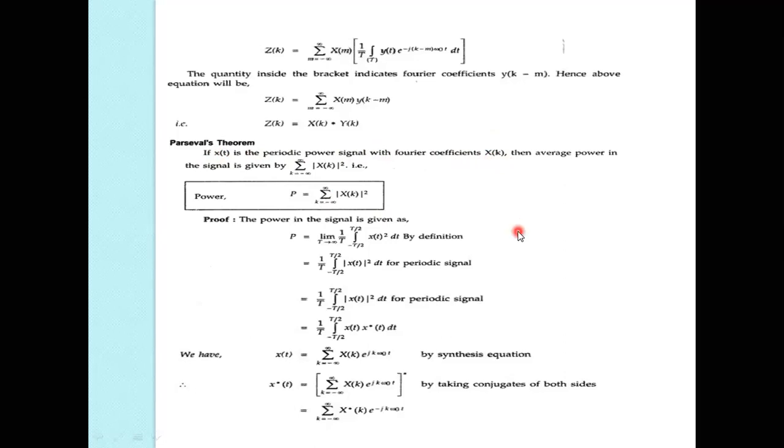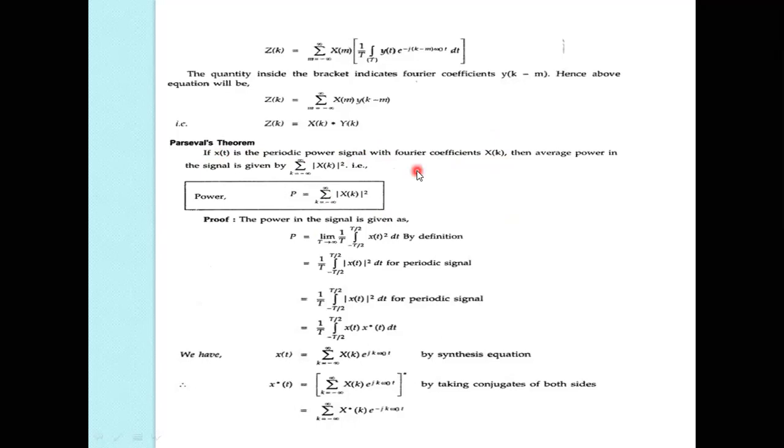We already know the classification of signals: analog and discrete. Analog means continuous time signals, and then discrete time signals. Again, they are classified into periodic, non-periodic, even and odd signals, deterministic and random signals, causal and non-causal signals.